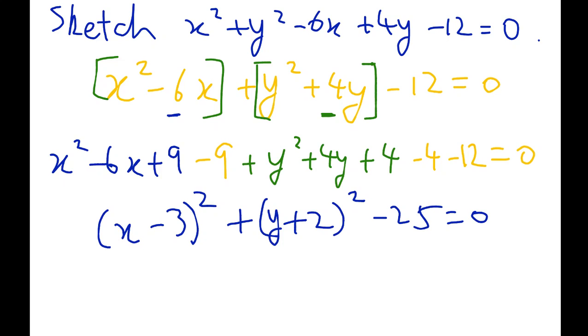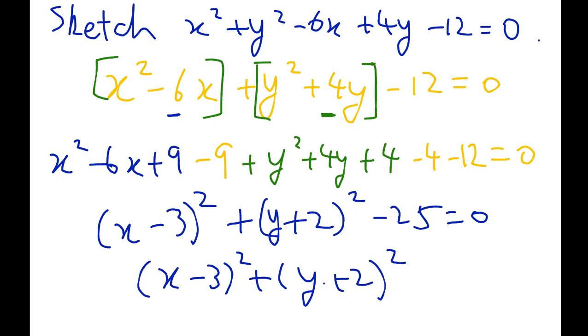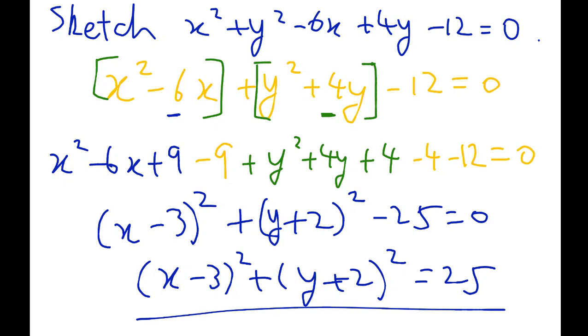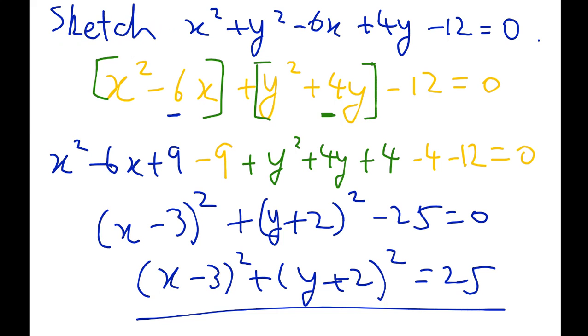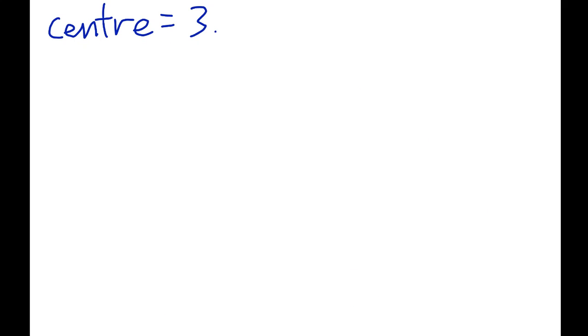Or, remember, we need to put the radius on the right: x minus 3 squared plus y plus 2 squared equals 25. So now that we have that, this is actually an equation that we're trying to plot. You need to write down your shifts and your center. So the center is, let's have a look, (3, negative 2).